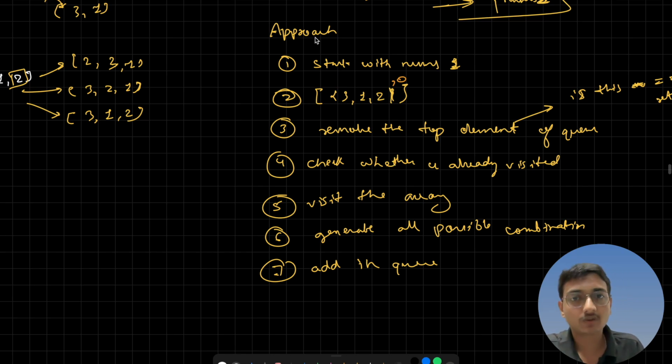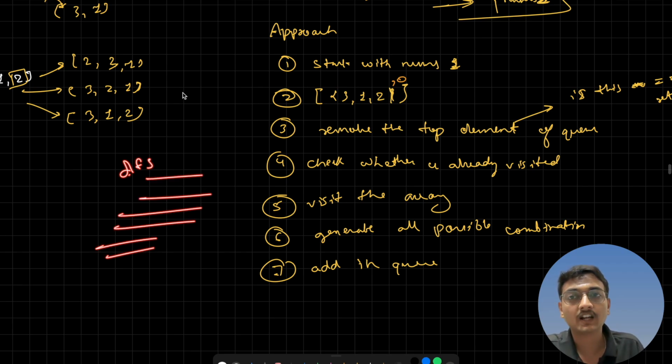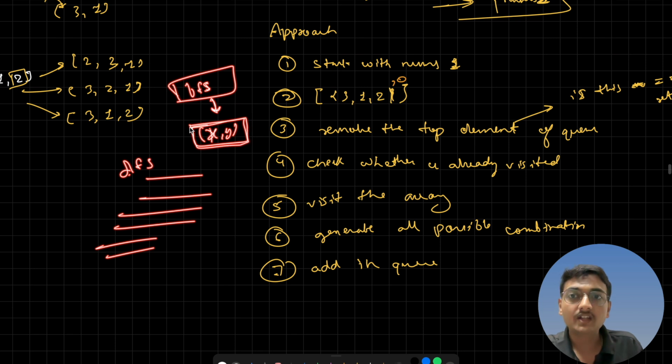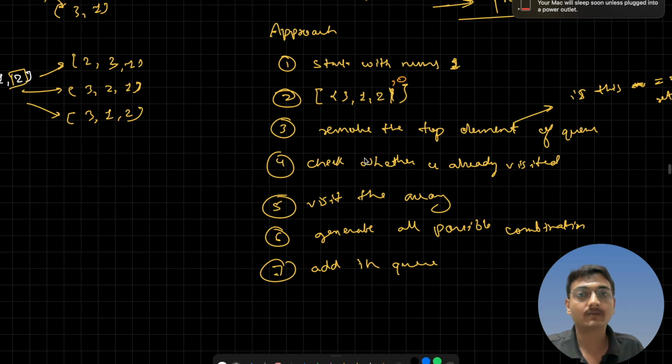If you have solved graph problems, if you write BFS, this is the benefit of BFS. Let's say you reach some state x comma y. The minimum possible steps to reach this state x comma y will be given by BFS, right? So that thing we are sure of.